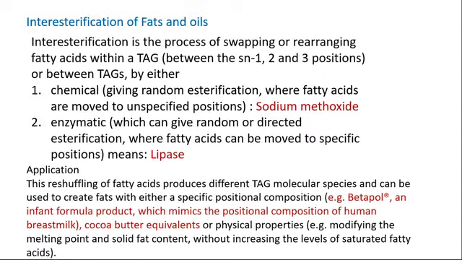The advantage of reshuffling, or you would ask, why do we need interesterified fats, is because you want to create specific fats.